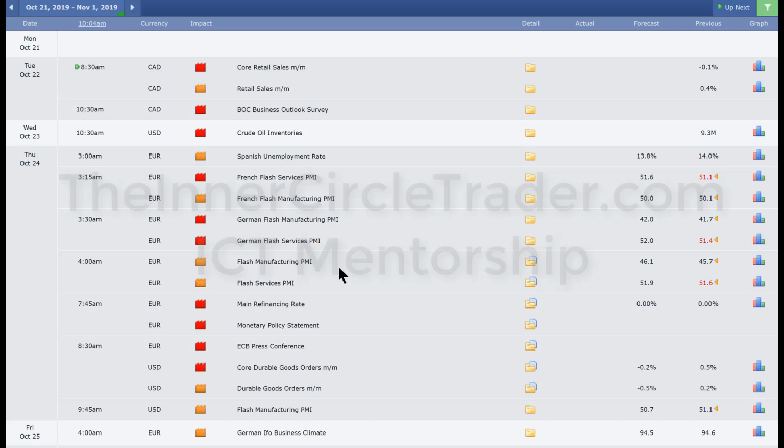So just be mindful. Even though I think they have misclassified it as low impact, I think it is high impact because it's a major factor in a country's management and leadership, and that could spell a lot of volatility, good or bad, for the currency. All right, so I just wanted to put that in there for completeness' sake.